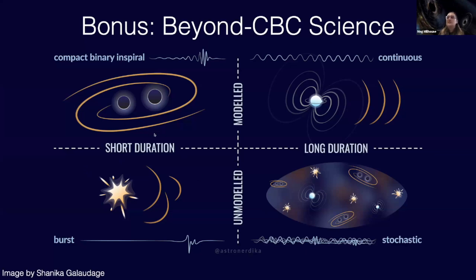Compact binary coalescences we tend to think of as short duration. They're transient events. They last milliseconds to maybe up to a minute in our detector, and they're very well modeled. We have good GR-based waveforms for these, as I talked about earlier.